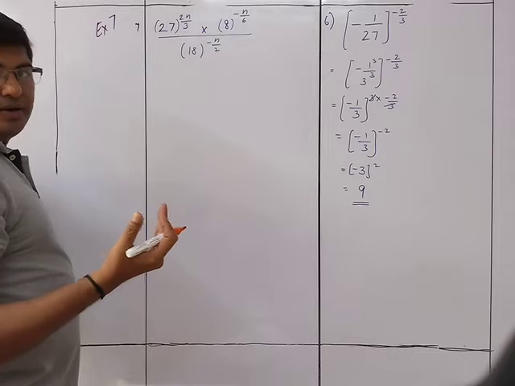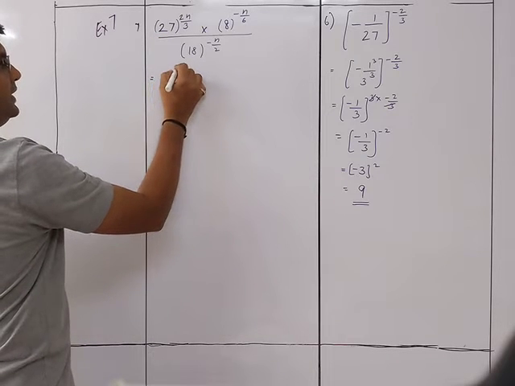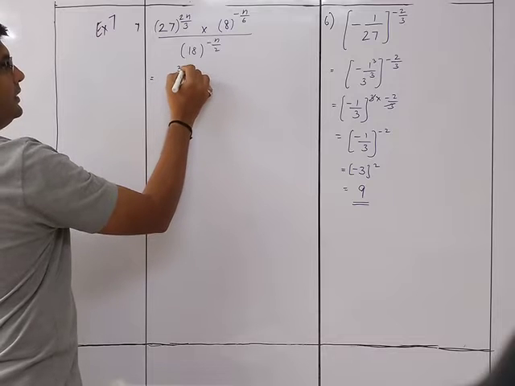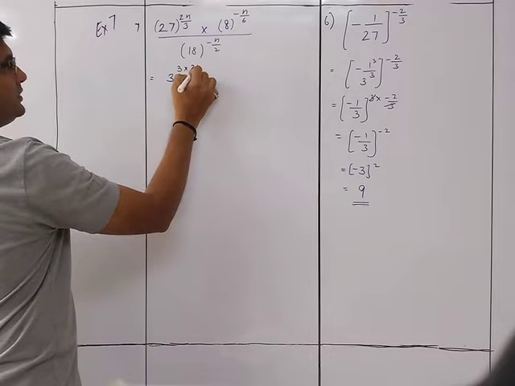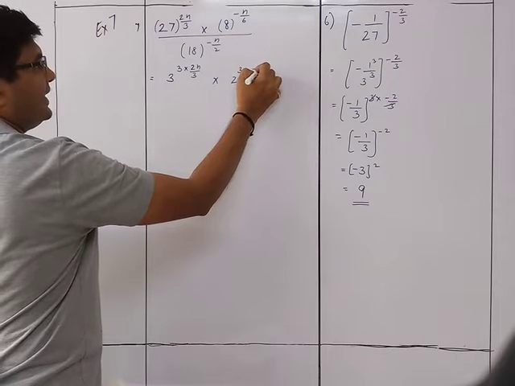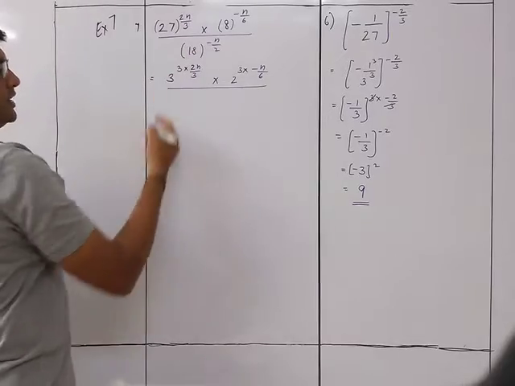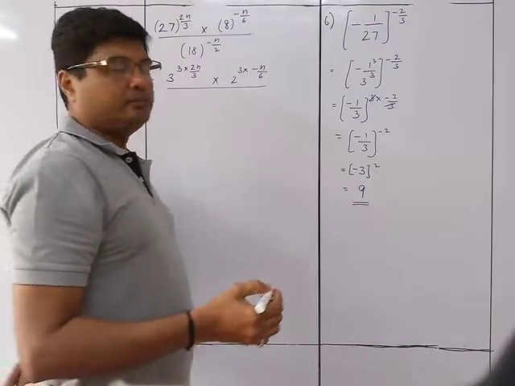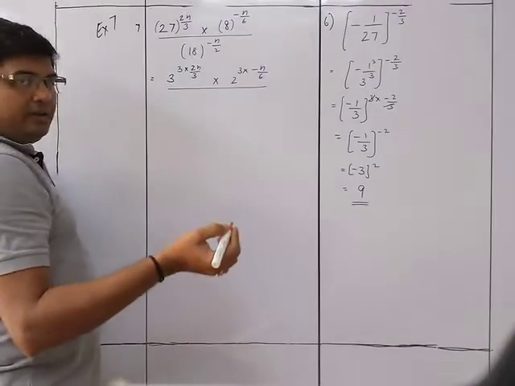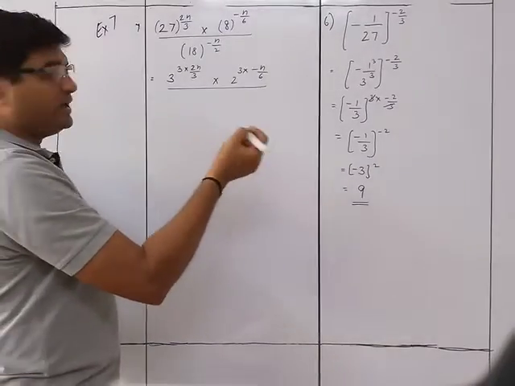Trying to get rid of the denominator as far as possible, you get it over here as equals to 3 raised to 3 into 2n upon 3, into 2 raised to 3 into minus n upon 6, upon, this is nothing but, now 18 is nothing but 2 into 2 into 3, it is 2 into 3 into 3.